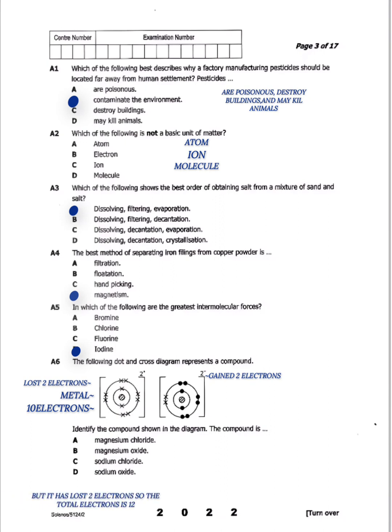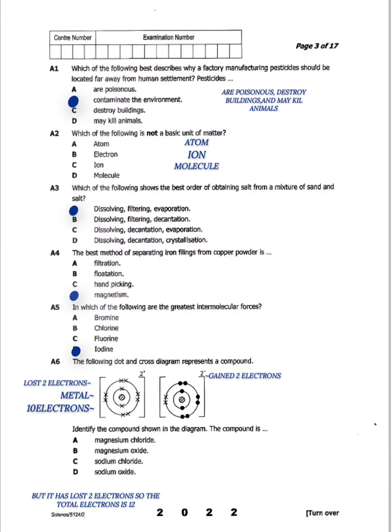Then here we have a compound which has gained 2 electrons. So this compound here is found in group 6. Now as you can see, here we have A, which is magnesium chloride. Now chlorine is found in group 7. And then we have B, which is magnesium oxide. Oxygen is found in group 6. So the answer here is B. Then C is saying sodium chloride.